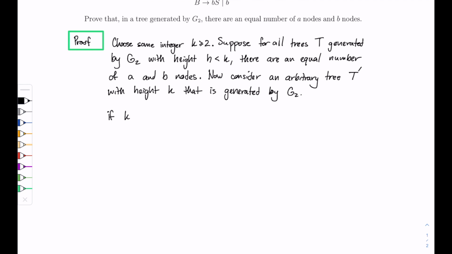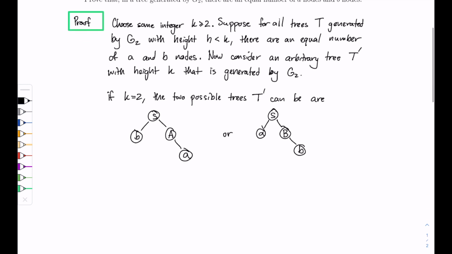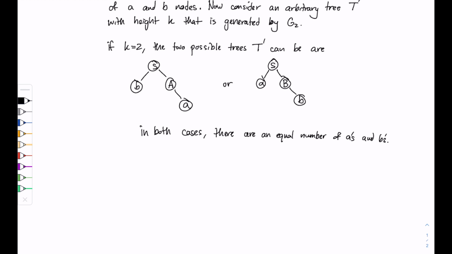If k is equal to 2, the two possible trees T prime can be are what we drew earlier, and in both cases there are an equal number of A's and B's. Okay, so that's one case.